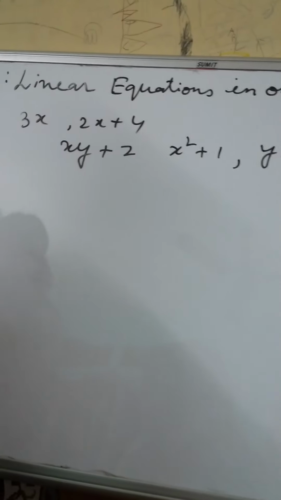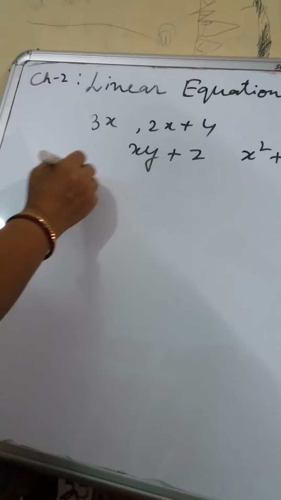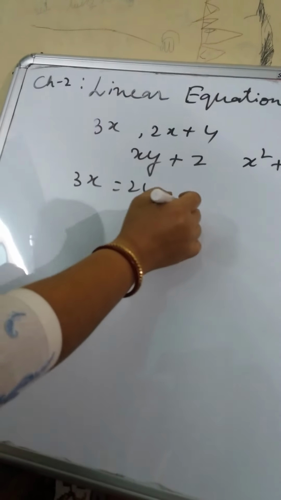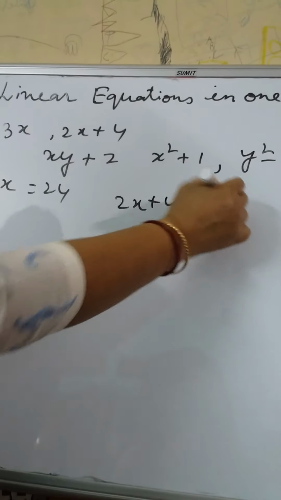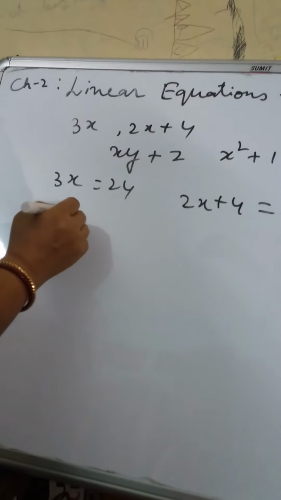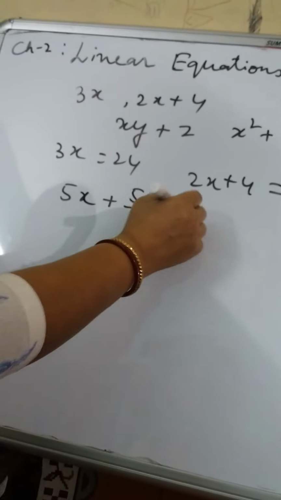Some examples of equations are 3x equals 24, or 2x plus 4 equals 10, 5x plus 5 by 2 equals 1.